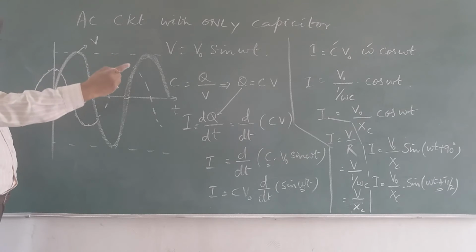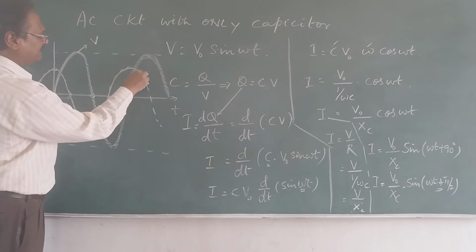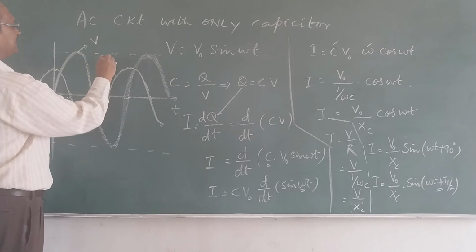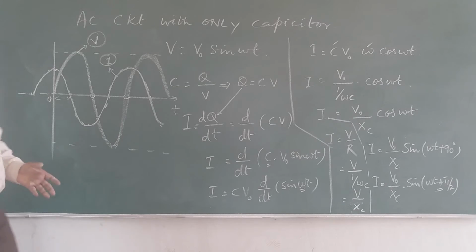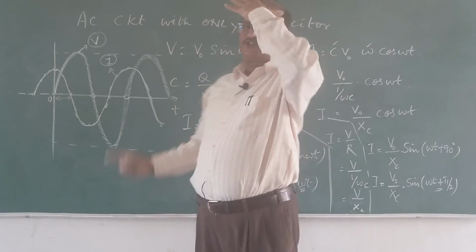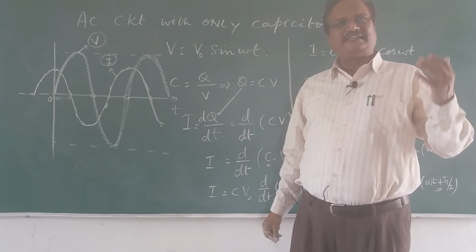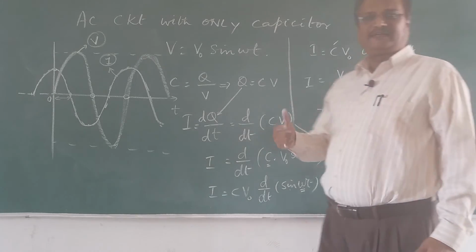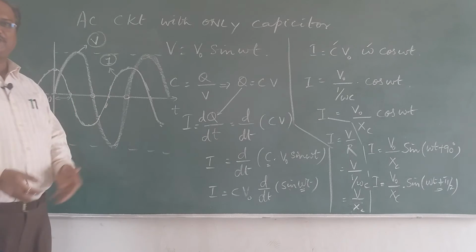This is going ahead of voltage, and this represents current, and this represents potential difference or voltage. In the case of an AC circuit with only a capacitor, you find that the current leads voltage by pi by 2. And this is what the whole picture is about.